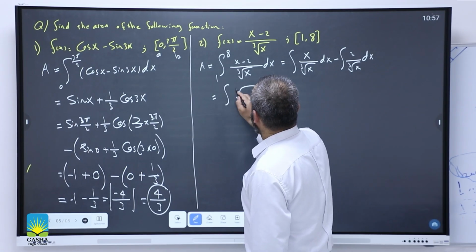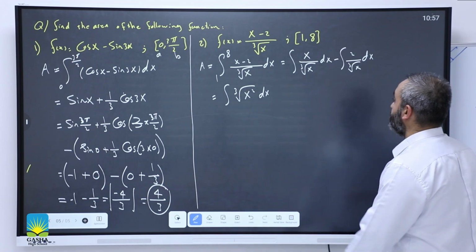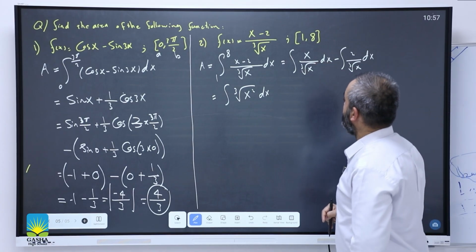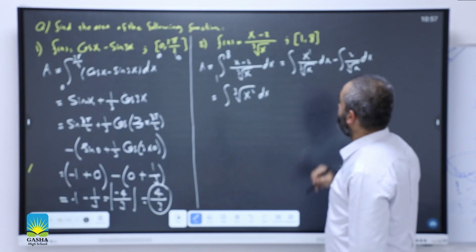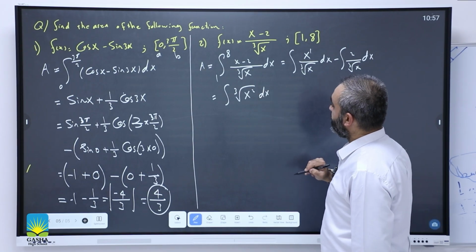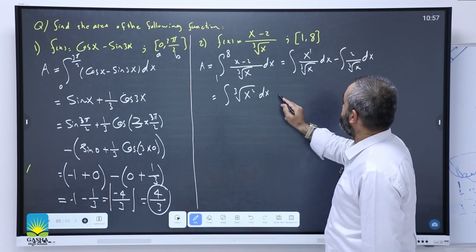Integral of cubic root of x squared dx. Why? Because we have x to power 1, and we subtract the powers of x to power 1 and x to power 1 over 3. It becomes x to power 2 over 3, the cubic root of x to power 2.